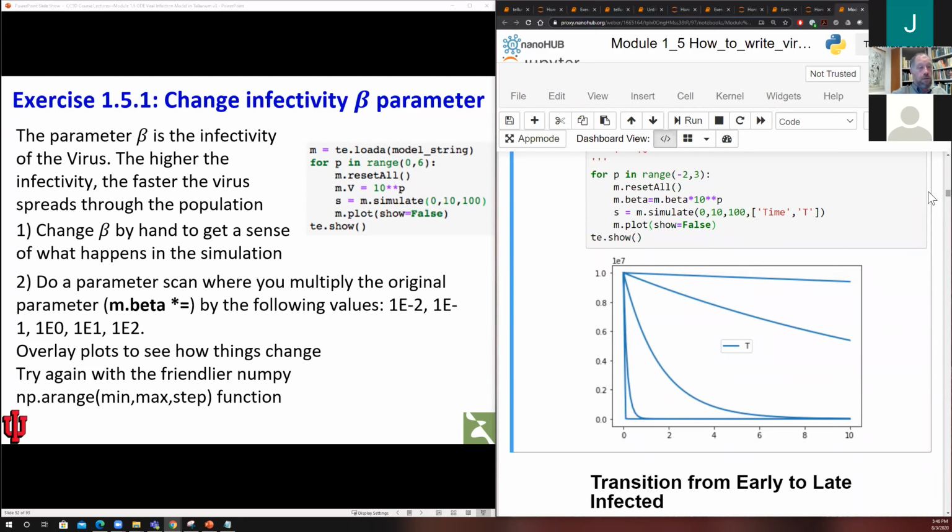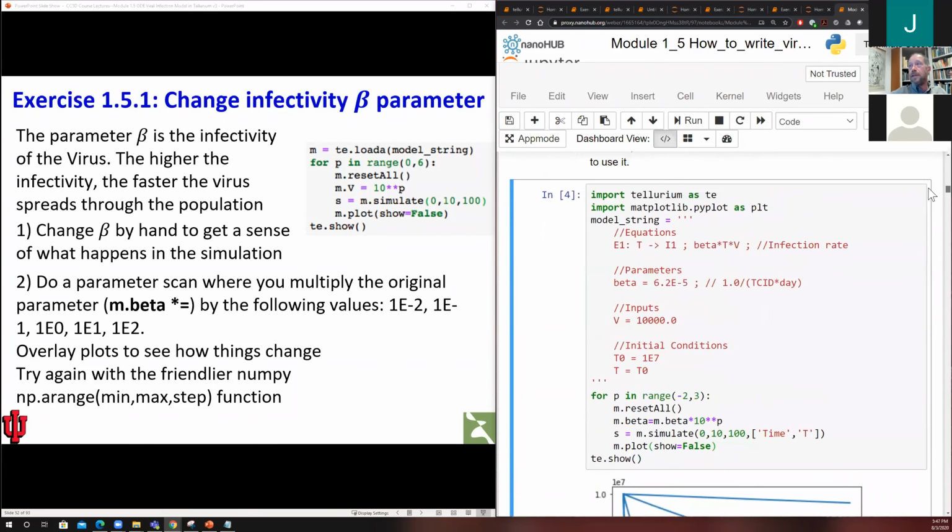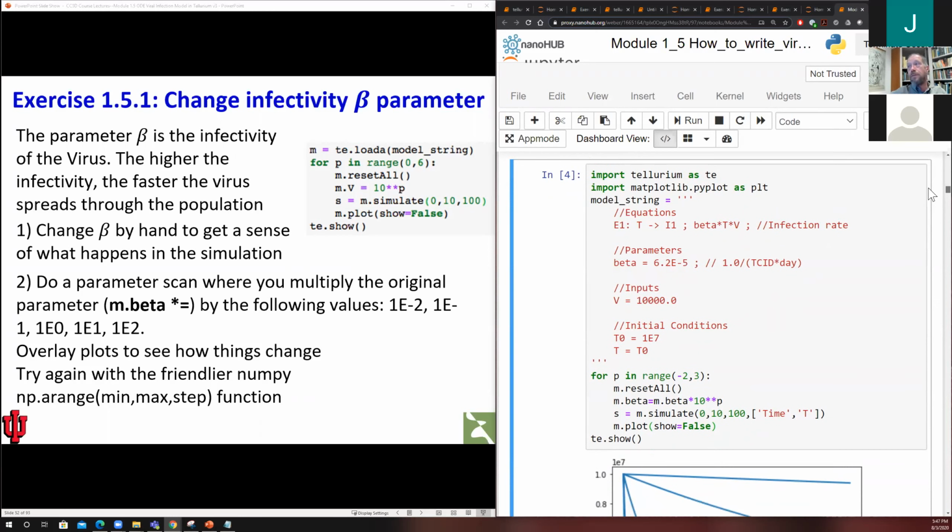That's all the code we wrote. Remember, import Tellurium as te, import matplotlib. Here he's just imported pyplot, so it didn't import. It's okay, we're not using it.